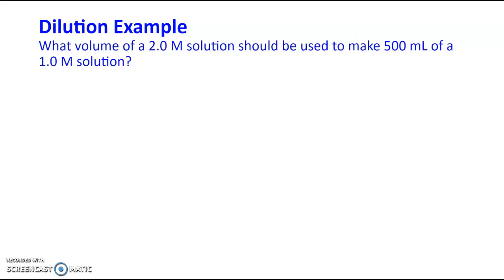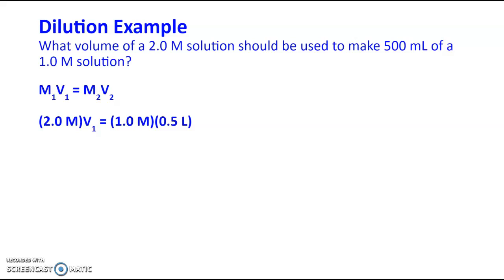For example, what volume of a 2.0 molar solution should be used to make 500 milliliters of a 1 molar solution? So we got our formula, M1V1 equals M2V2. Plug it in: 2 molar for solution 1 times volume 1, because we don't know how much we're going to use.